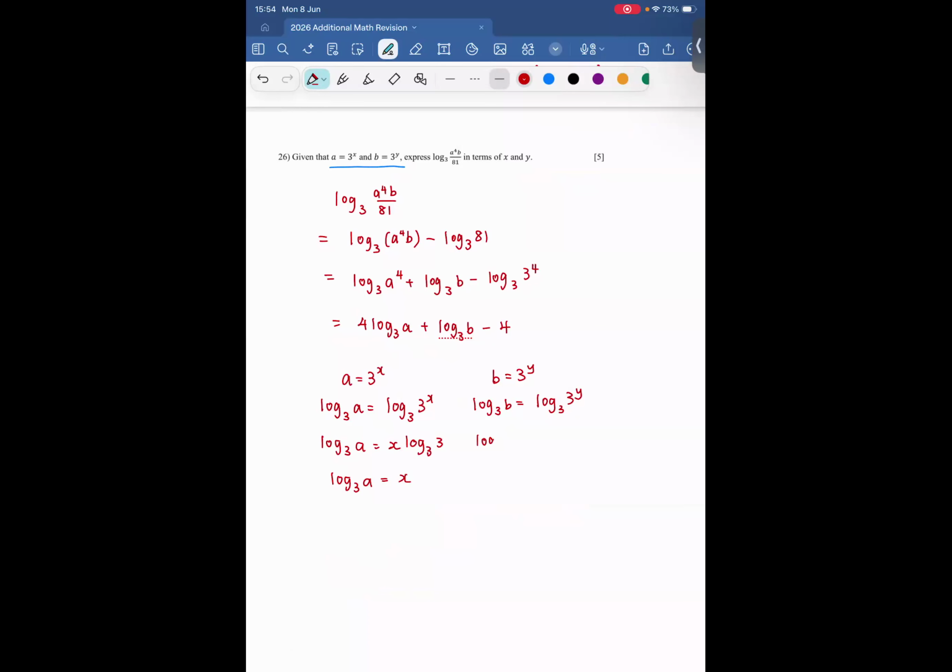Okay, so your log 3 b is actually equal to y because when you bring down, this log 3 3 is actually 1. So from here, now we know that this one can be written as 4x. This one is just plus y minus 4.